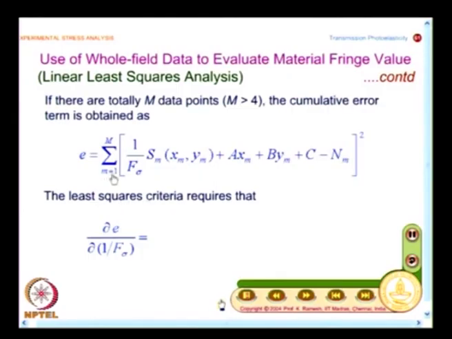So, I have this as sigma m equal to 1 to m, 1 by f sigma Sm, which is a function of x comma y, then a xm plus b ym plus c minus nm. And suppose I want to construct, see this is only one equation, when I look at the error, error is only one equation.